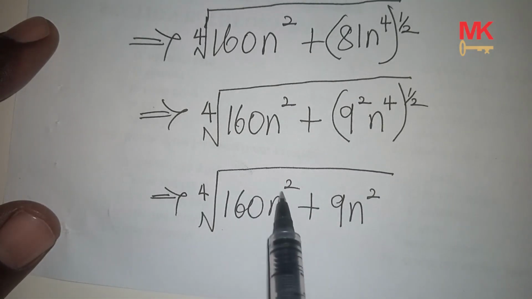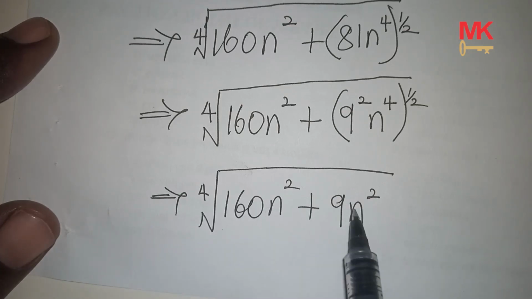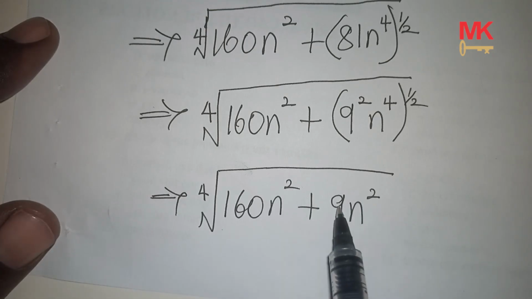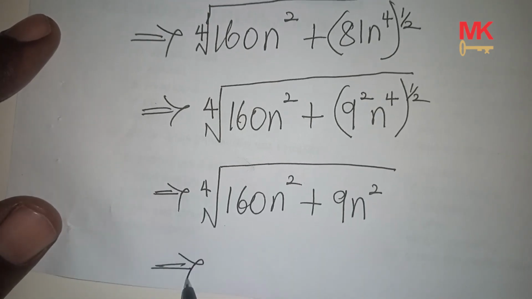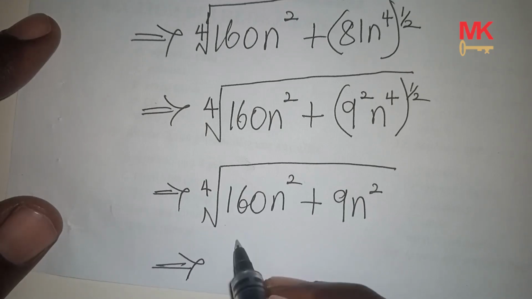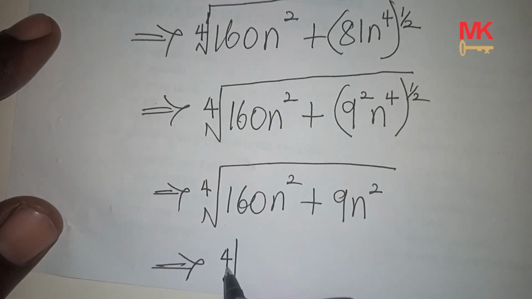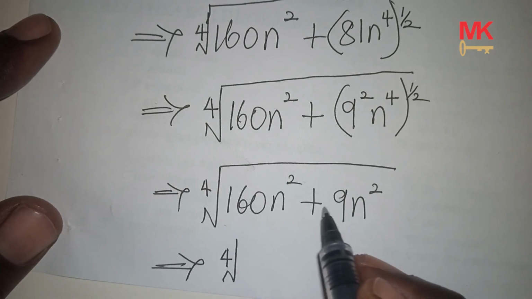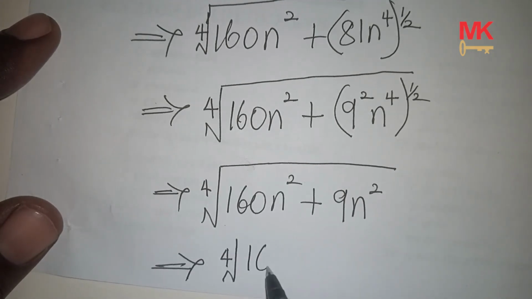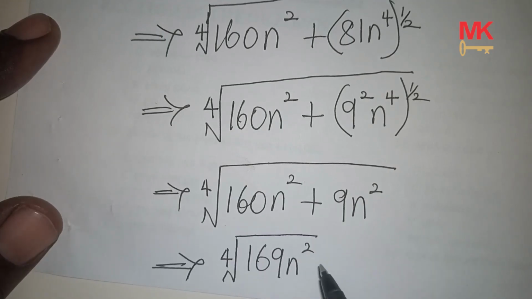So as you can see, this term and this term are now like terms because the variables that they both carry have the same power. So that means this can be written as the fourth root, 160 plus 9, giving us 169n squared. So from here, you see that 169 is now a perfect square, just like n squared.